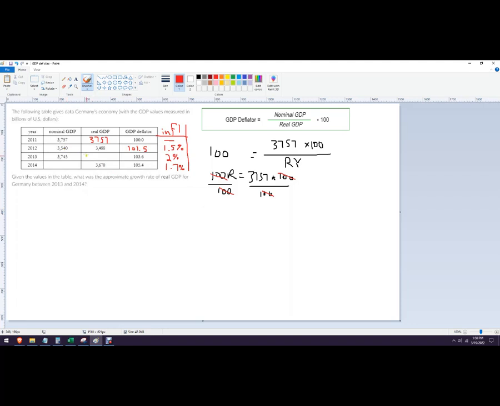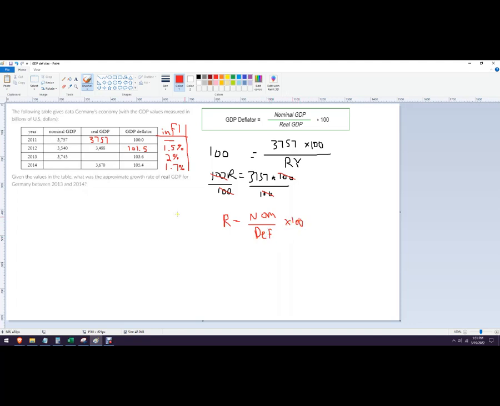And then to calculate this one right here, we're actually going to use the same thing as we did before. So real GDP, after rearranging everything, is the nominal divided by the deflator times 100.